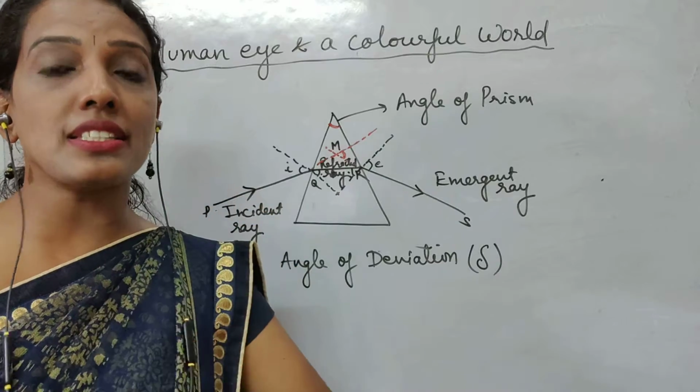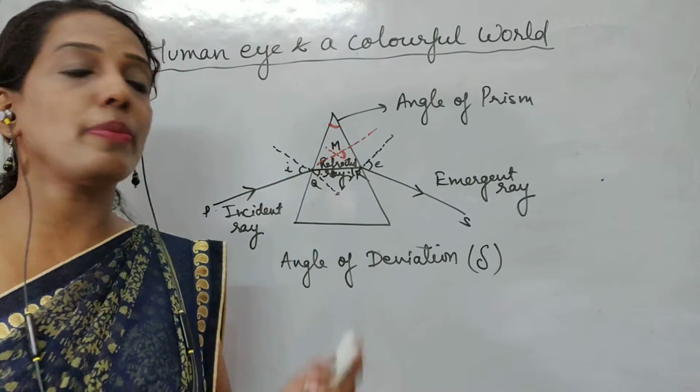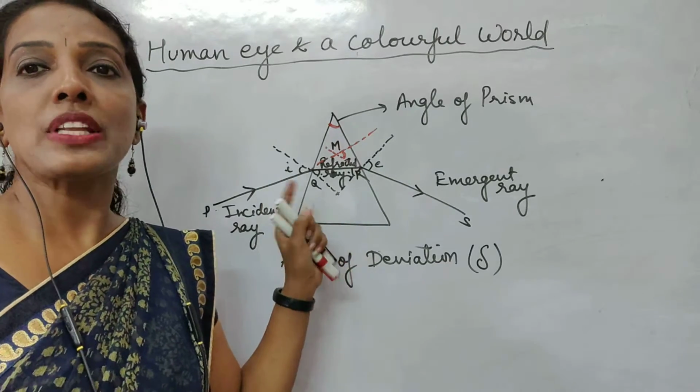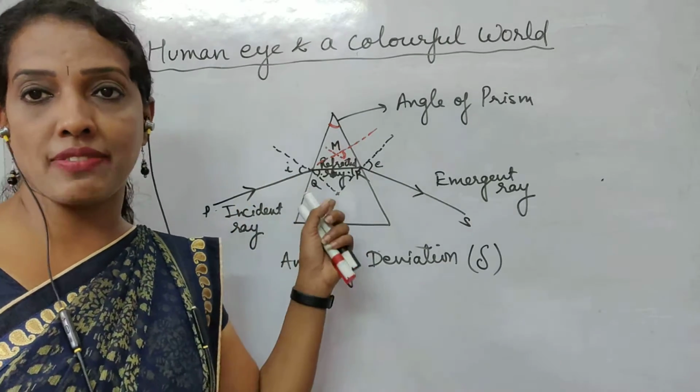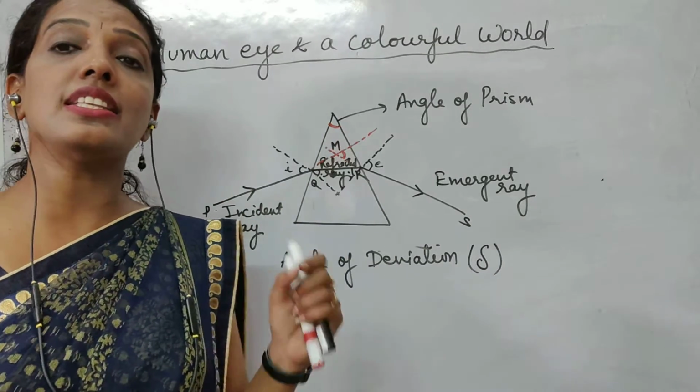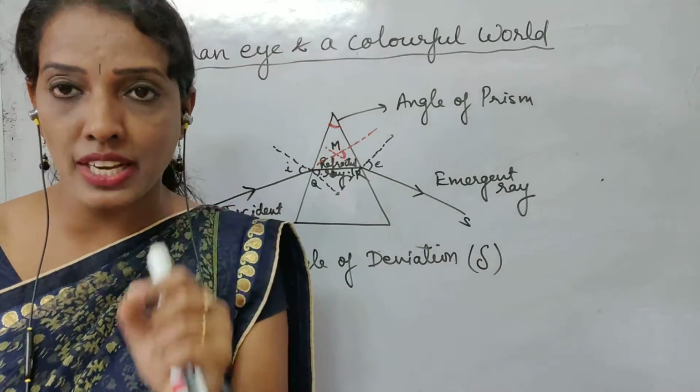The angle between the incident ray and the emergent ray is called the angle of deviation. The angle of deviation is the angle by which the incident ray gets deviated.